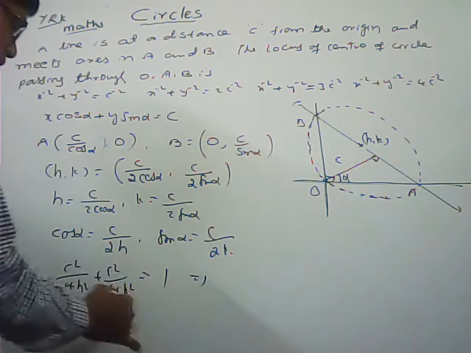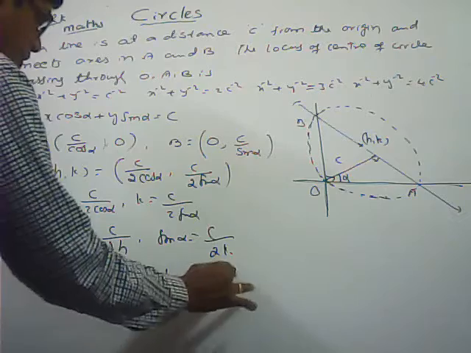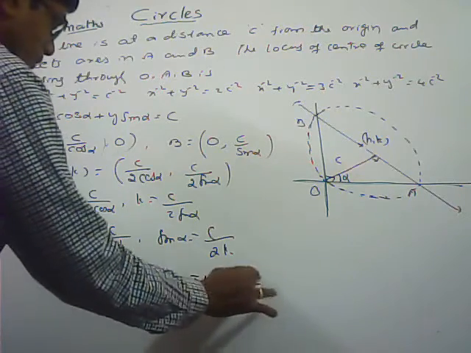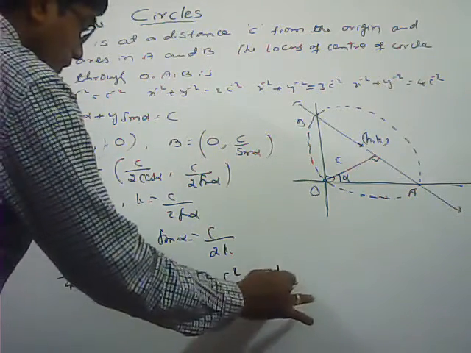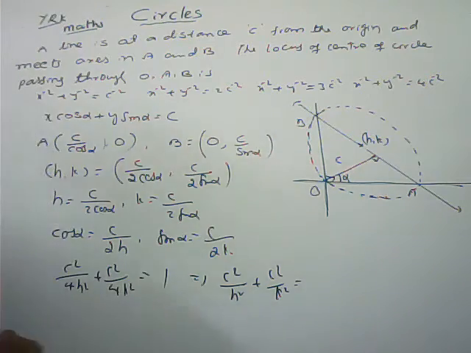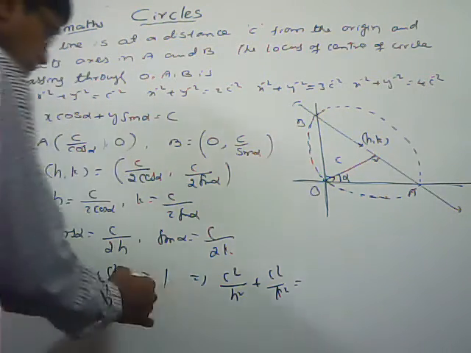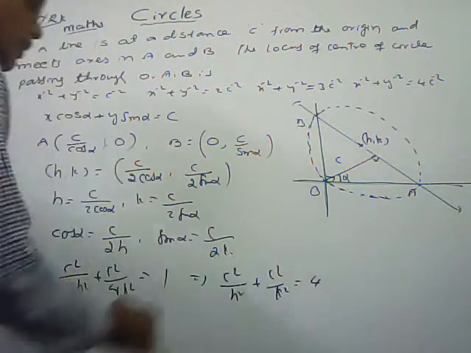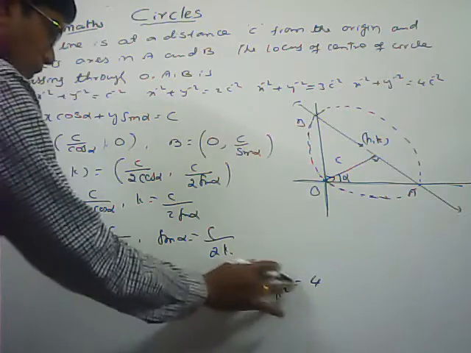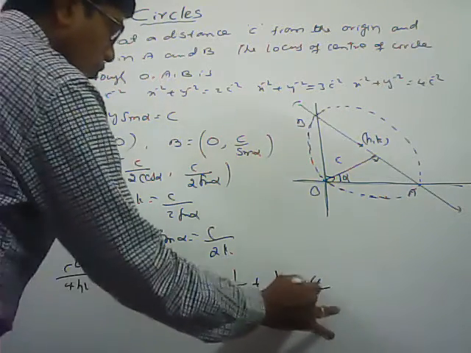Multiplying with 4 and dividing with c square, c square by h square plus c square by k square is equal to 4, so 1 by h square plus 1 by k square is equal to 4 by c square.